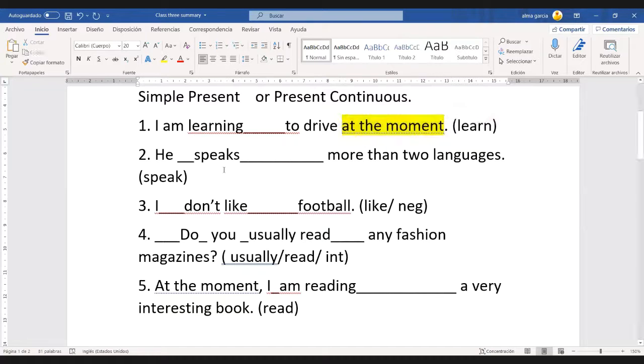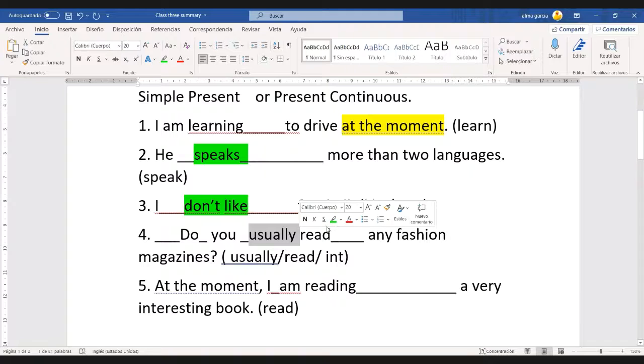If we say things that we think are, how can I say, not permanent, but routines, okay, so this is for the simple present, it could be. When we are referring to preferences, likes, and etc., then it's definitely simple present. And particularly if we are using frequency adverbs, they continue with the simple present.